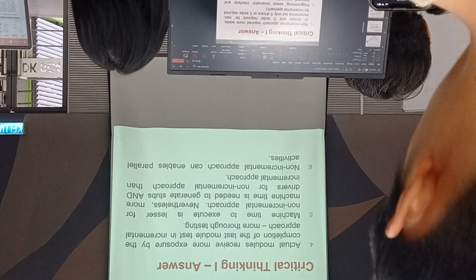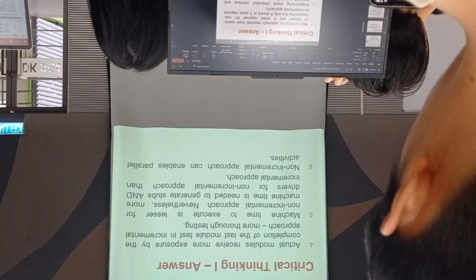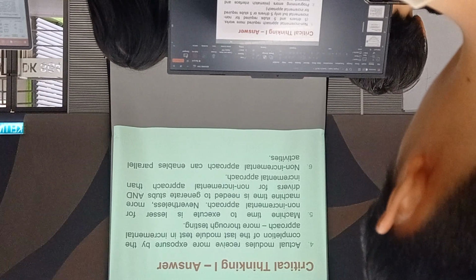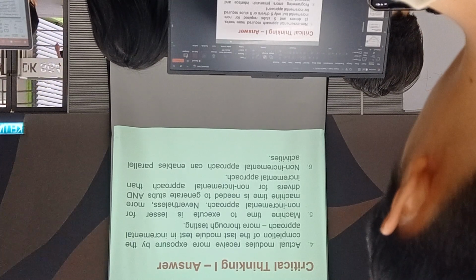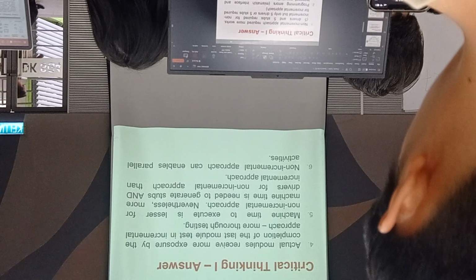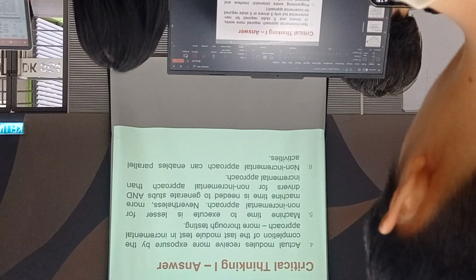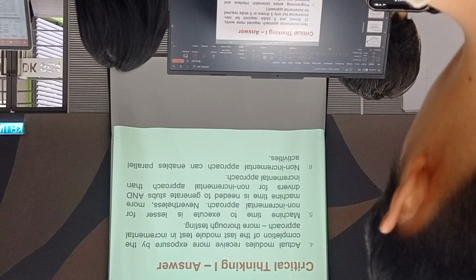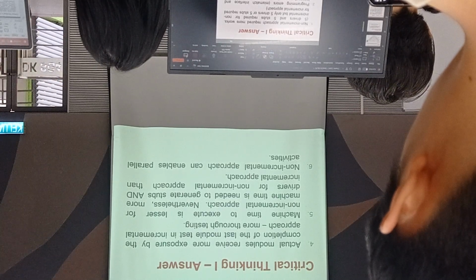Then the fifth one is the machine time. So machine time here can be used for two different works: machine time for the testing execution, and machine time for preparing the dummy code. The first one, machine time to execute the testing, is actually lesser in the non-incremental approach.